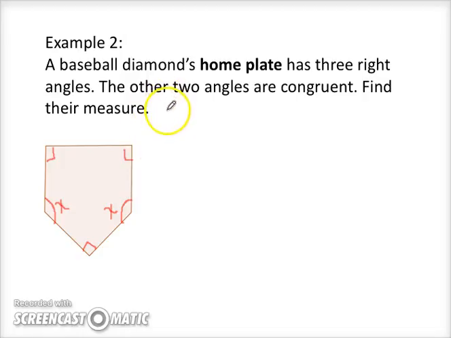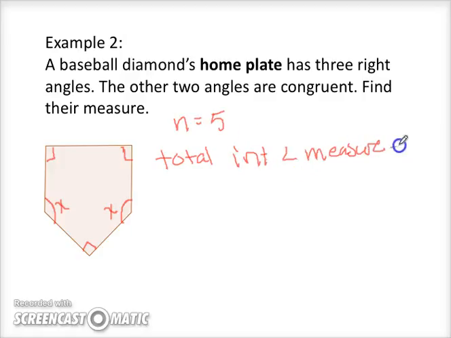And using the interior angles theorem, we've already found out that for a 5-sided figure, we know that the total interior angle measure was 540. We calculated that in the last example.